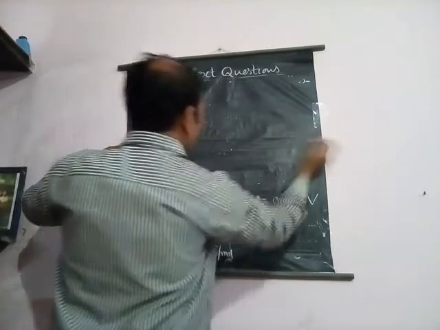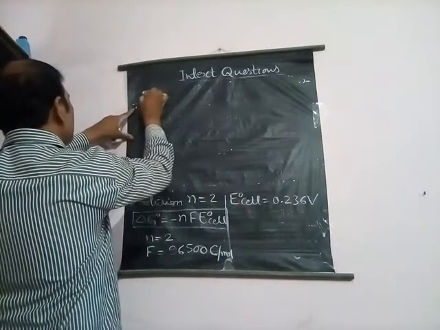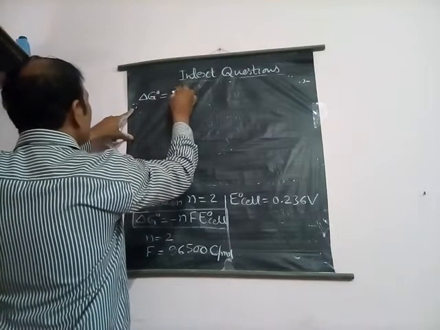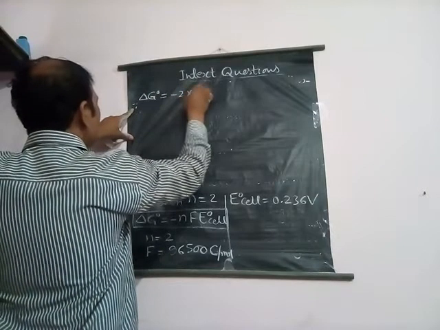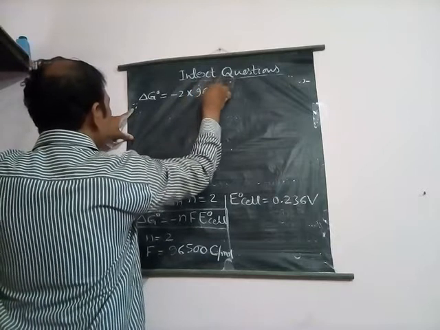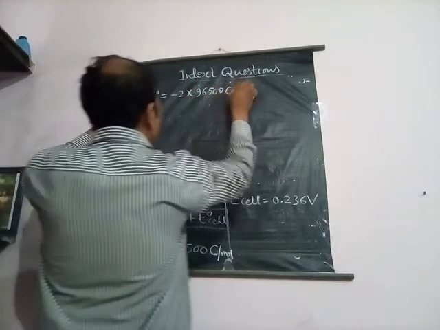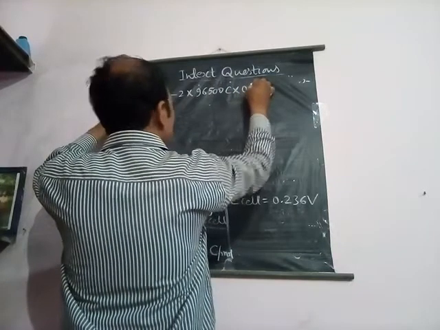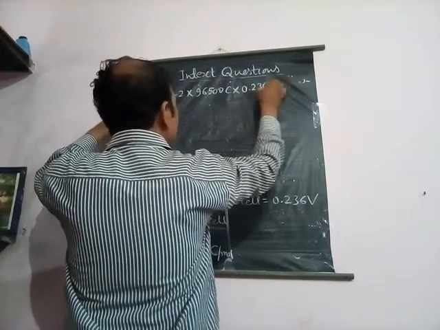So ΔG° will be equal to minus 2 into 96,500 coulomb into 0.236 volt.